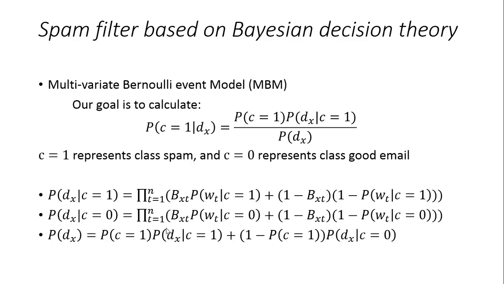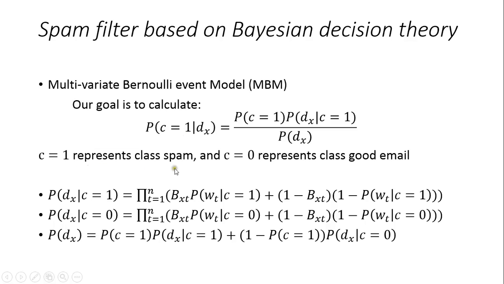Okay, let's build the spam filter based on Bayesian decision theory. If we use the MBM model here, our goal is to calculate this posterior probability.